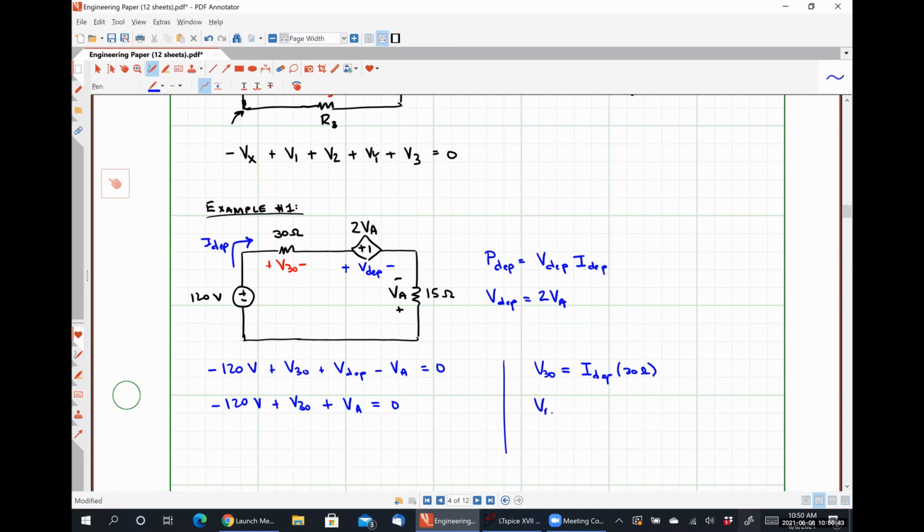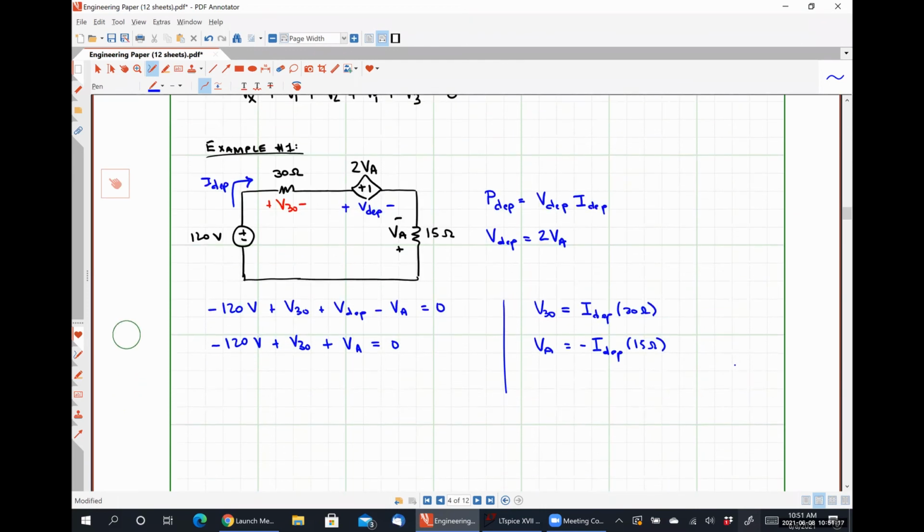Now, what about the relationship between VA, I dependent, and the 15 ohm resistor? Is it going to be negative I dependent times 15 ohms? That's exactly correct, where the negative sign is coming from the fact that the current is flowing into the negative polarity terminal, okay?